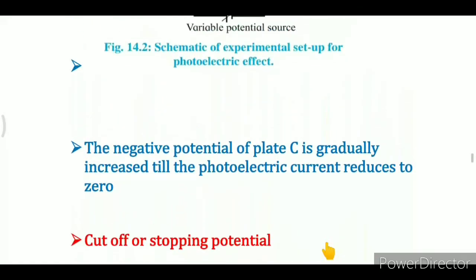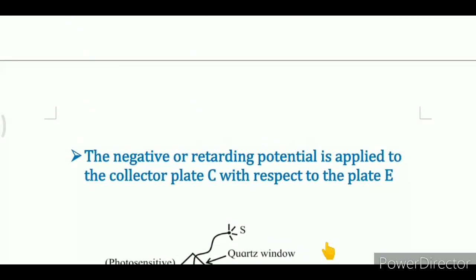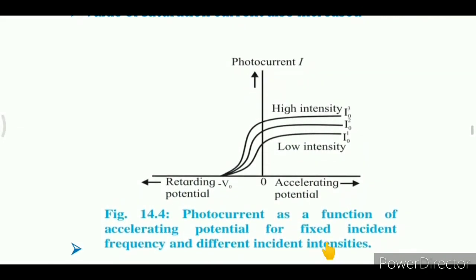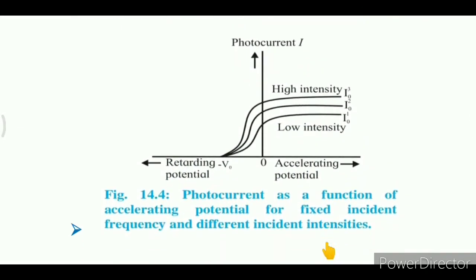Here in the same graph you can observe that when a positive potential is applied to the collector plate, with an increase in intensity, the photoelectric current also increases.